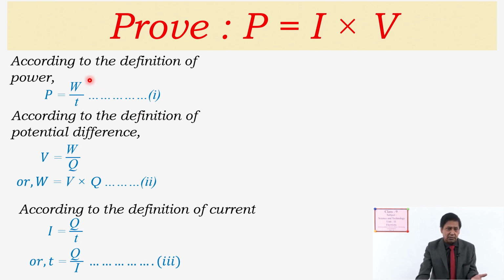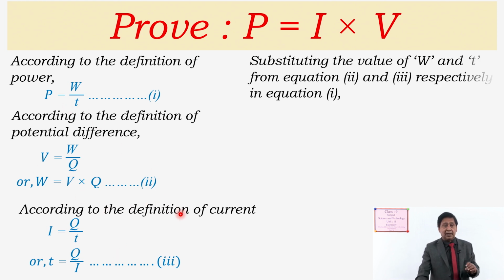Because I want to substitute this W by VQ, V into Q, and I want to substitute this T by Q by I. We can, because all the relations are correct. So we can say substituting the value of W from equation 2 and T from equation 3 respectively in equation 1, then what do we get?